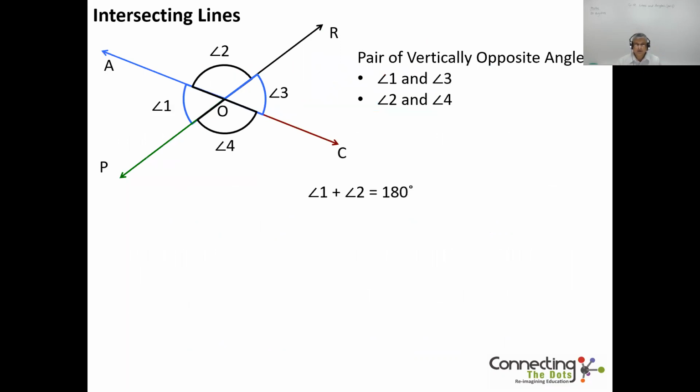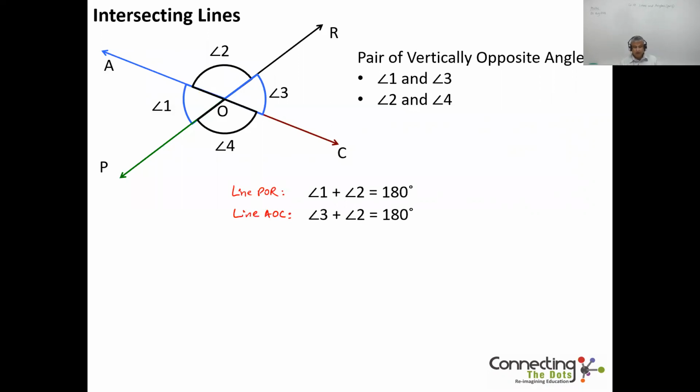Remember, angle 1 plus angle 2 is equal to 180 degrees. Why? Linear pair. 1 and 2 are on one side of line POR. And angle 2 plus angle 3 is 180 degrees. Why? Again, line AOC.